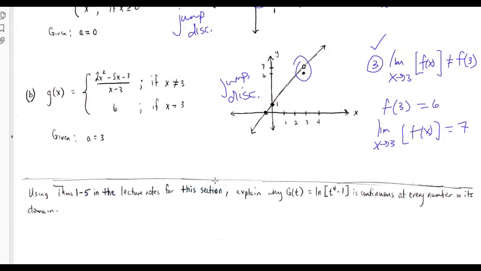We're going to take a step back to those theorems to see what this problem is trying to get us to do, and then afterwards find the values of t where this function is continuous.